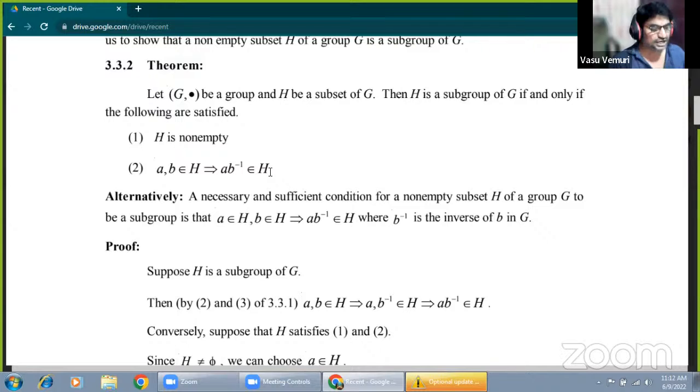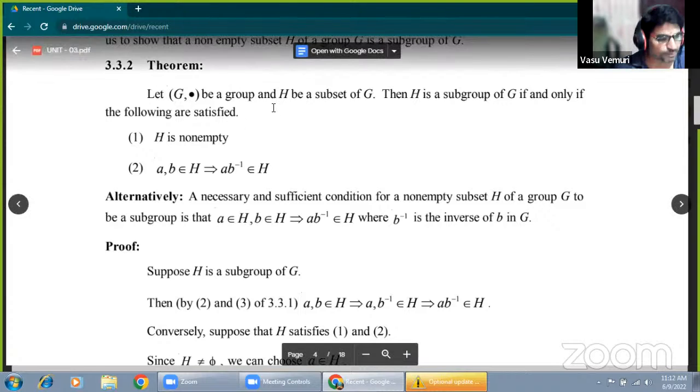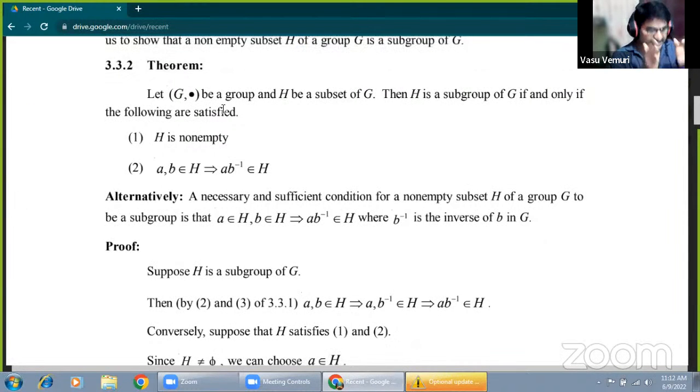Listen carefully. This theorem is very important. Now let G under multiplication be a group and H be a subset of G. This is the proper statement. G under multiplication is a group, and H has the same binary operation.